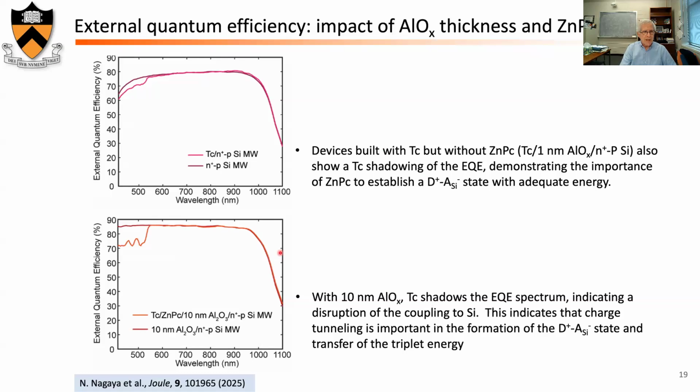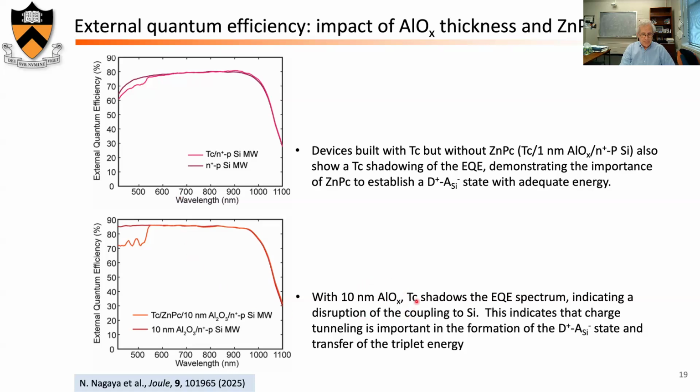And then you can do other measurements where you show that if you build the device with tetrazine but without zinc PC, again, not only you don't have the enhancement of the EQE, but you have, again, the shadowing, because the zinc PC is essential in the process.